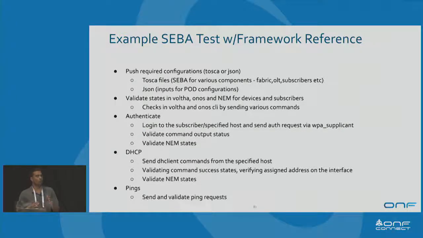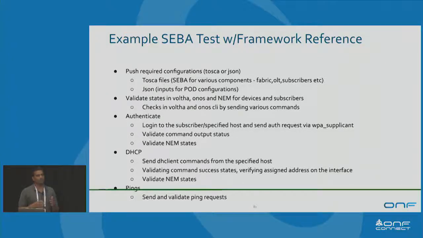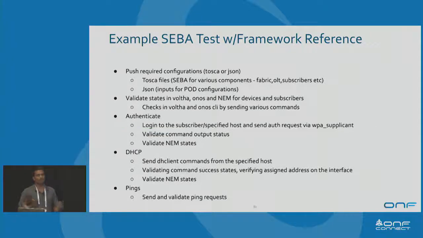It needs to know which Kubernetes configuration file to use, because the test does interact with Kubernetes as well, to do things such as debugging and inspecting some of the pods and services. It also needs to know the CNS tags that you are trying to provision. So each pod itself has its own deployment config as well.